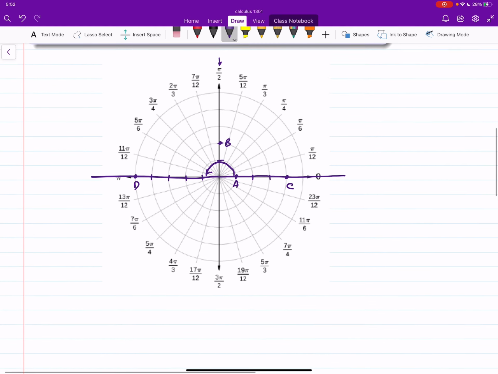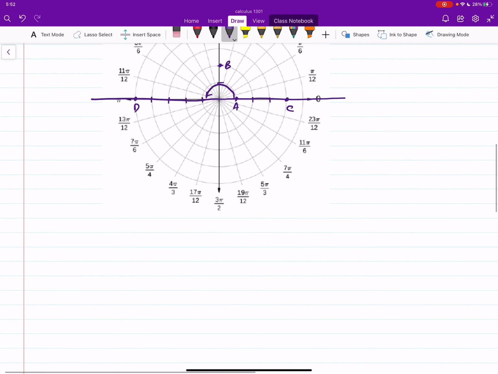There are two conventions that we are following here. Convention 1: the direction for angle measurement is counterclockwise.